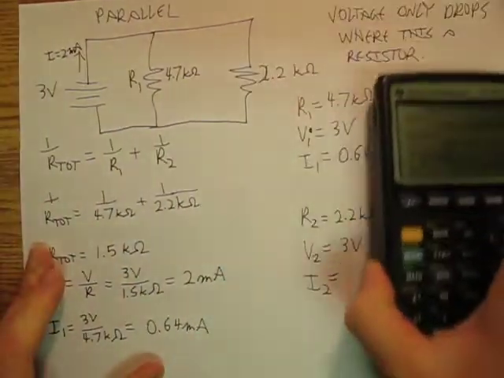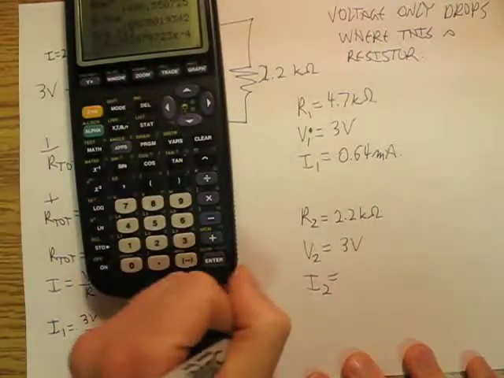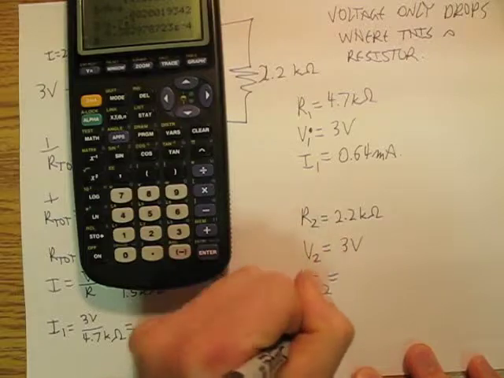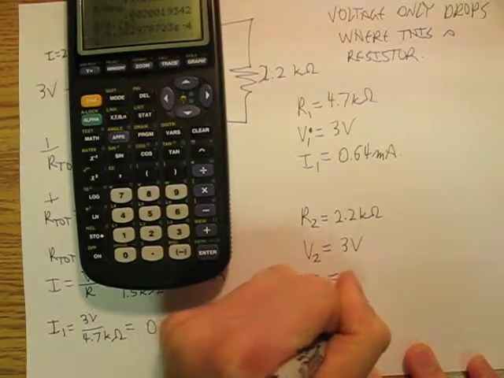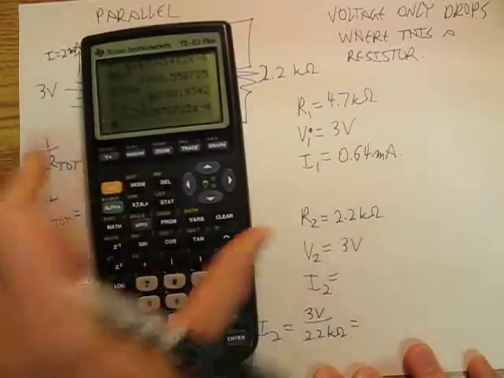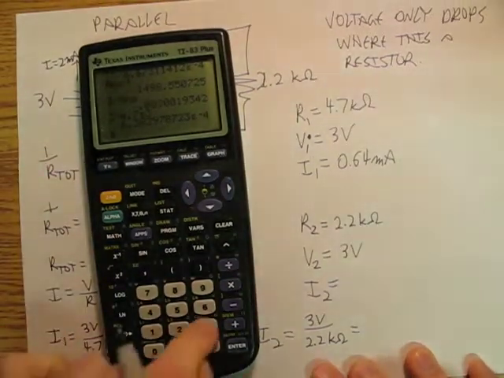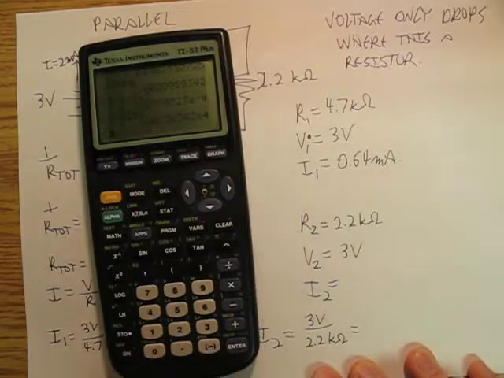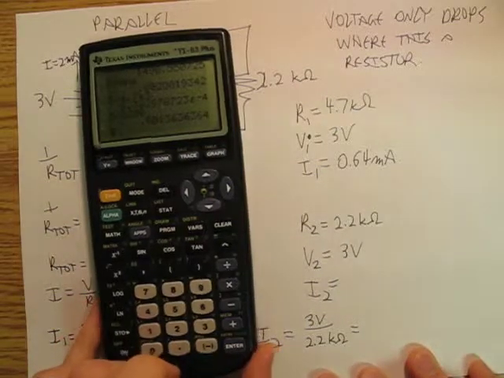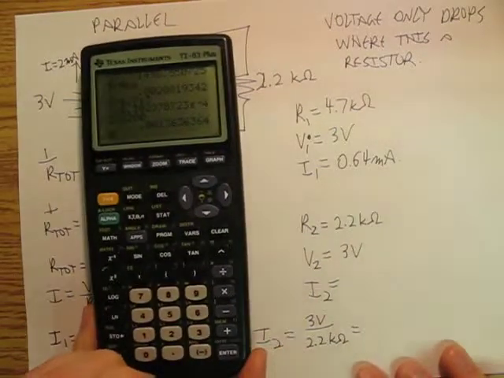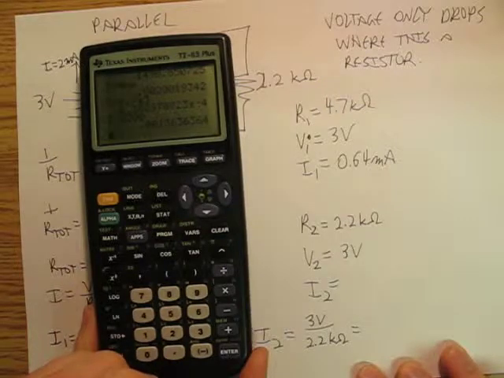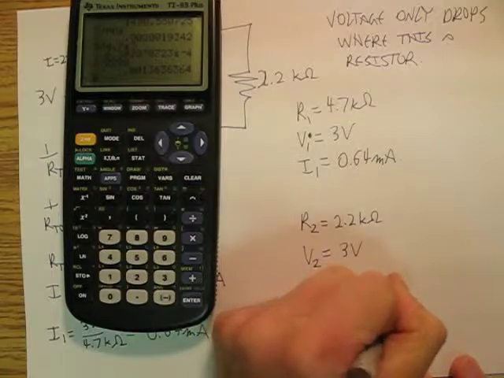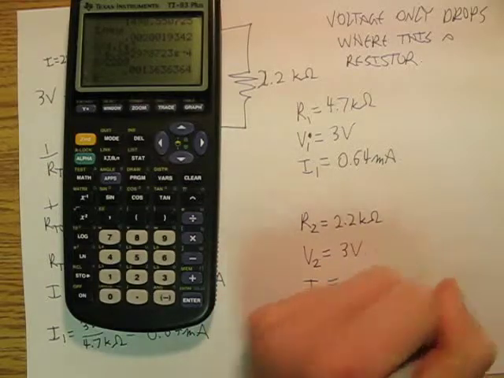And then I'm going to say my I2 is going to be 3 volts divided by 2.2 kilo ohms. So 3 divided by 2200, and I get 1.36, call it, milliamps.